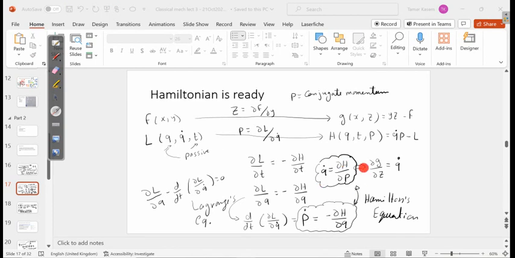Now let us return again to this one, partial L by partial Q. We know from dynamics, from Lagrange's equation, that partial L by partial Q is equal to d by dt of partial L by partial Q dot.